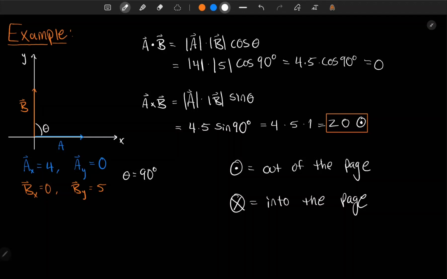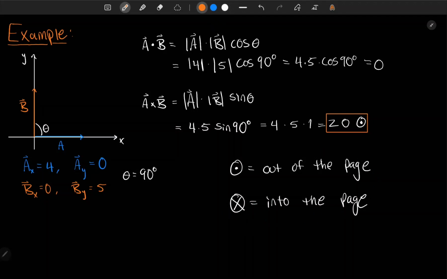But if you had somebody shooting an arrow away from you, or into the page, then what you would see is the arrow moving away from you. So you would see those 4 feathers on the end of the arrow moving away from you. And that's what this cross, you can imagine, means. So that's just one way of remembering this.